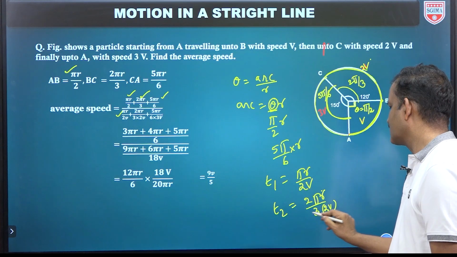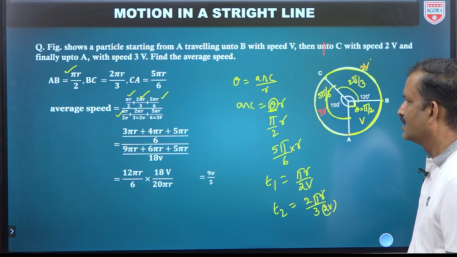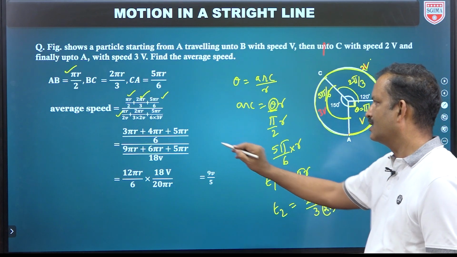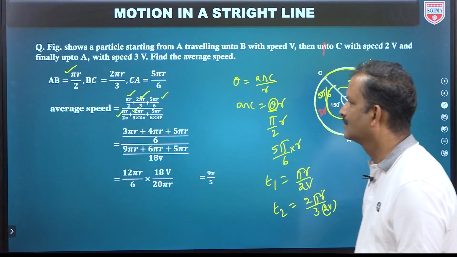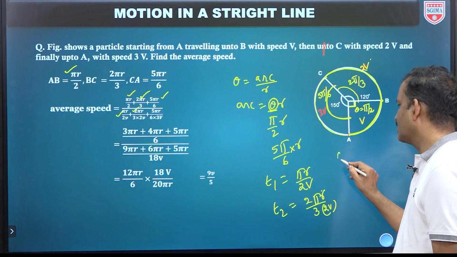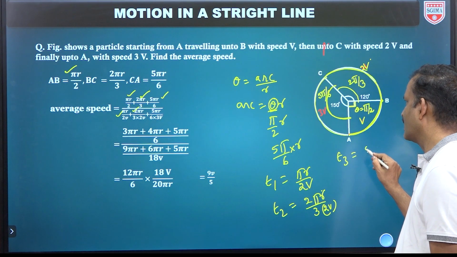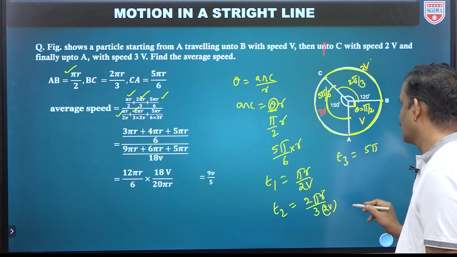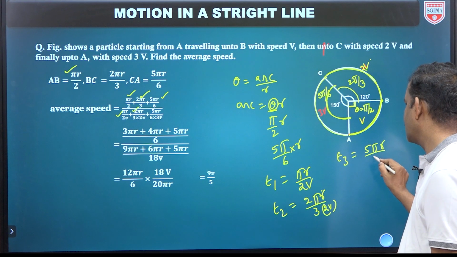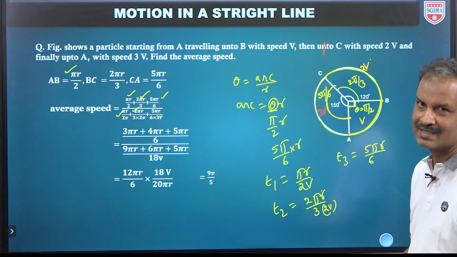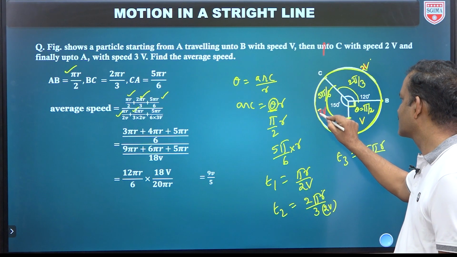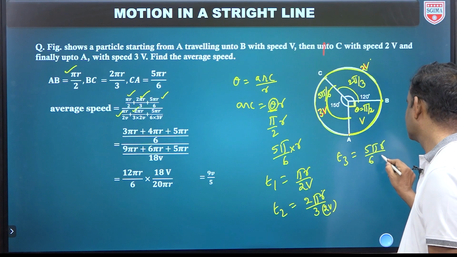Distance by velocity is time. Similarly, the next time t3 is equal to 5 pi r by 6, the distance, divided by this velocity 3v.